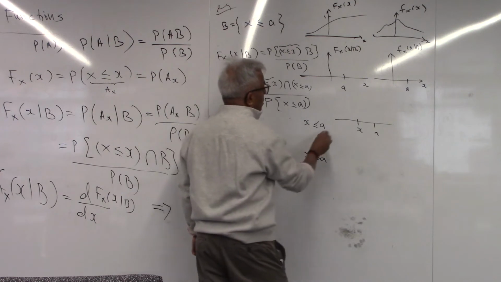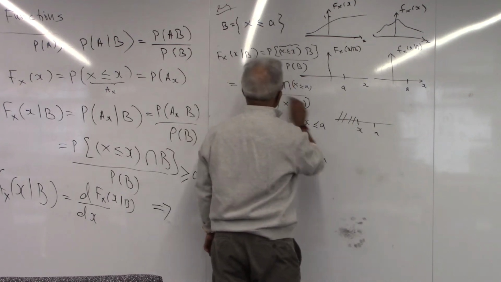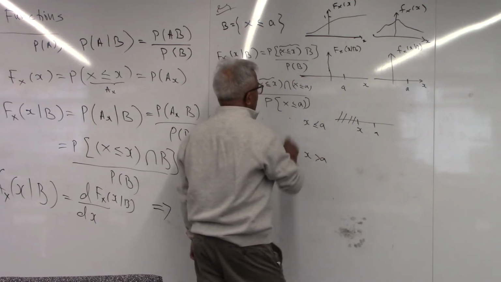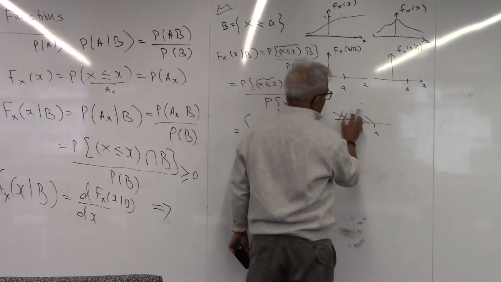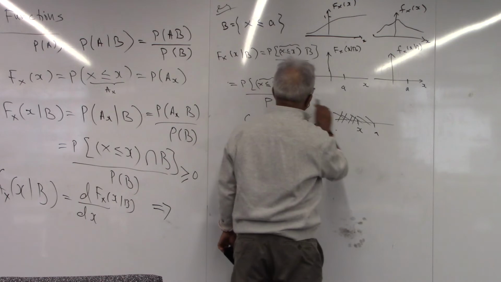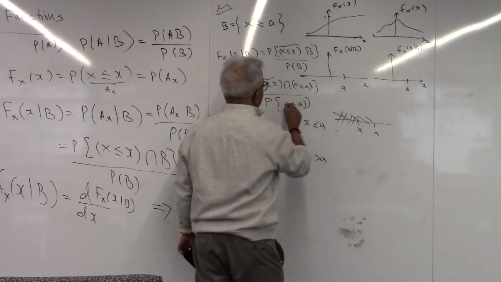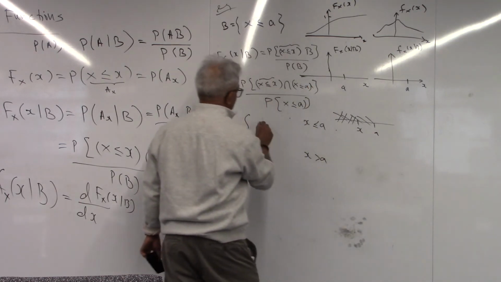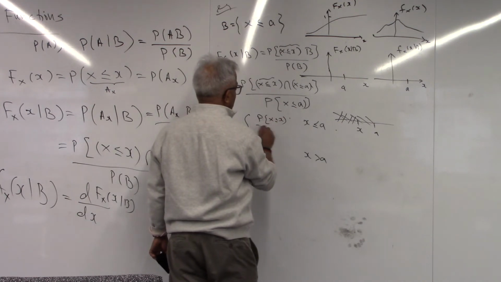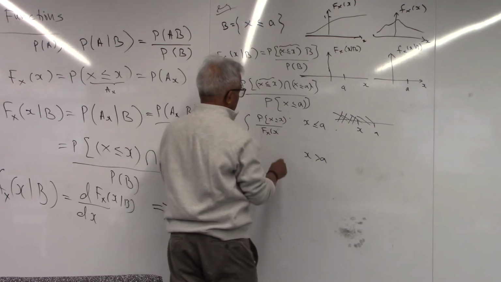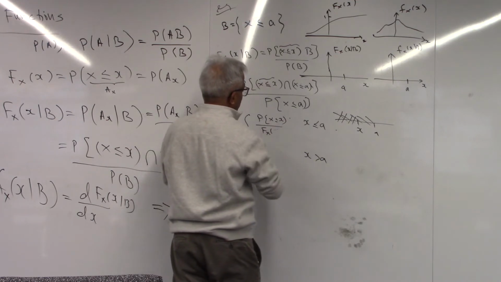You need the random variable being X less than or equal to x, intersection with the random variable being less than or equal to A, that's here. The intersection of these two sets is X less than or equal to x. So the numerator is going to be the probability of X less than or equal to x, divided by, by definition, the distribution function of X evaluated at A.